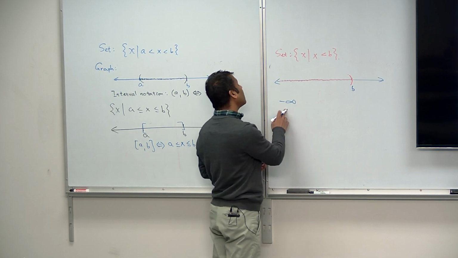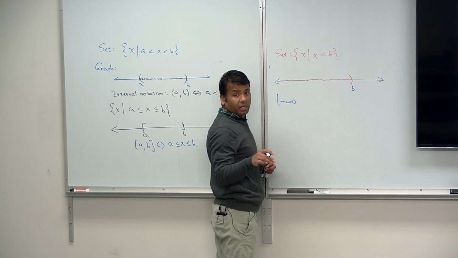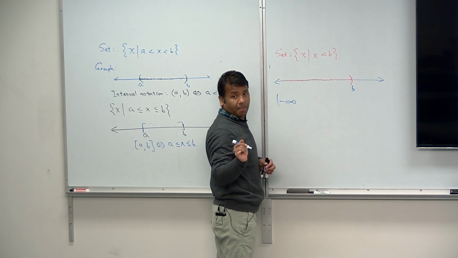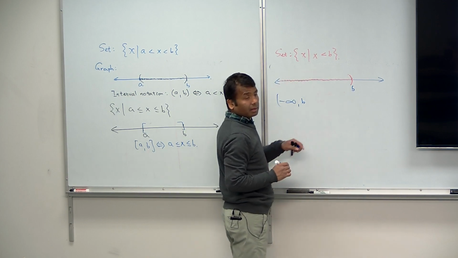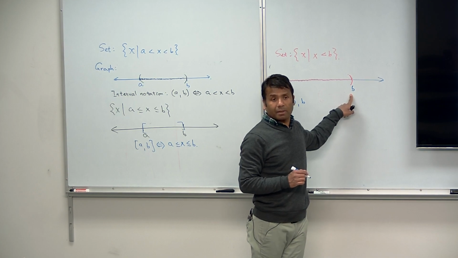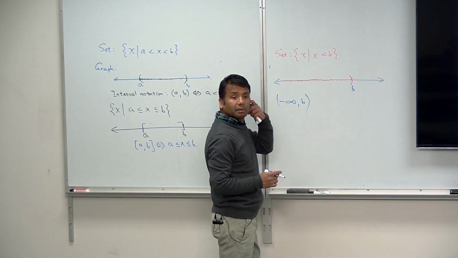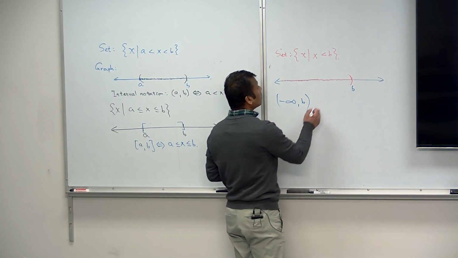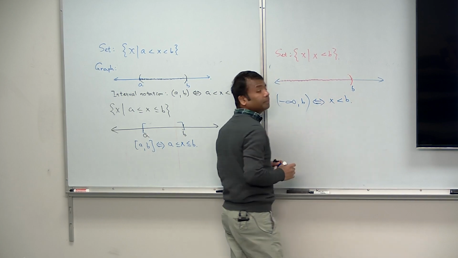And if you start with negative infinity, you put parentheses. If you close with positive infinity, put parentheses, okay? Comma, b, and b is not included. The right endpoint is not included. So that means you put the what? Parentheses. Make sense? And this is equivalent to x is less than b.